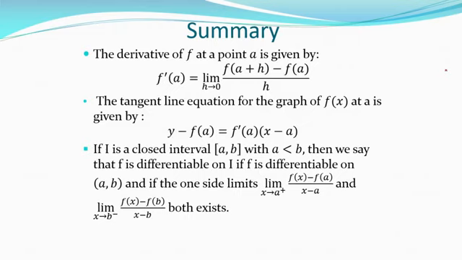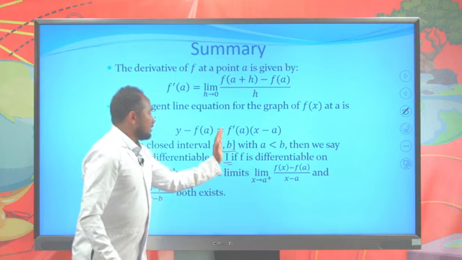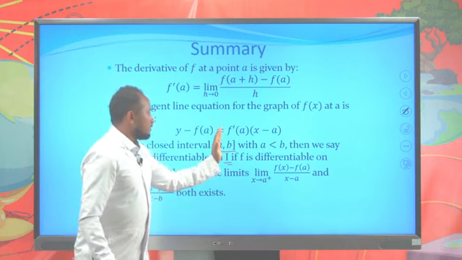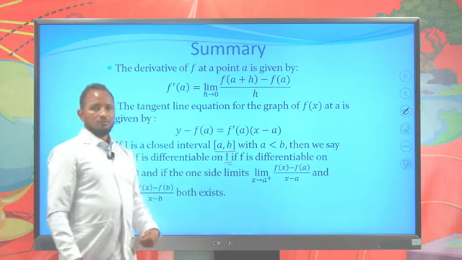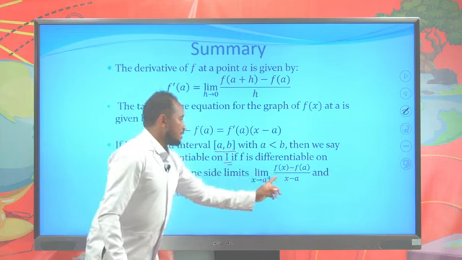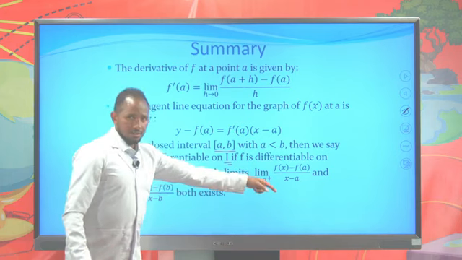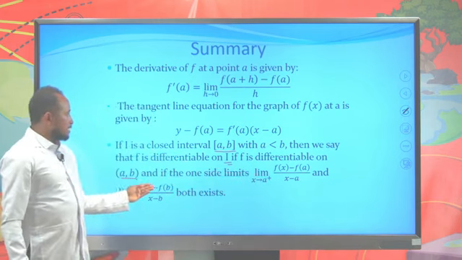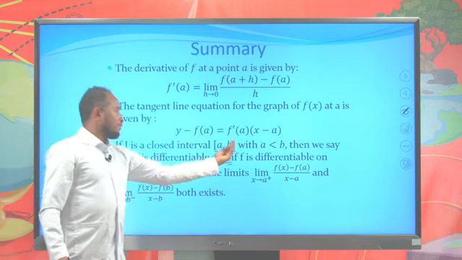And the other part: if I is a closed interval AB with A less than B, then we say that f is differentiable on I if f is differentiable on the open interval AB, differentiable from the right side of A, and differentiable from the left side of B. This means that the limit of f of x minus f of A over x minus A, where x approaches A from the right, must exist, and the limit of f of x minus f of B over x minus B, where x approaches B from the left, must exist.